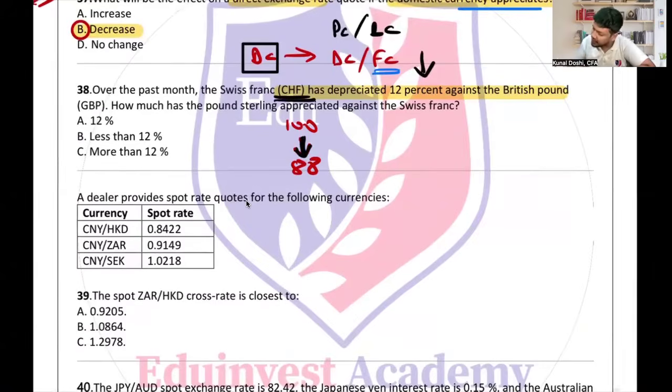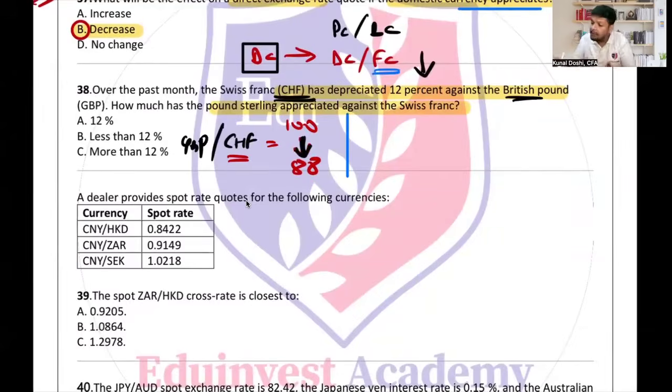The Swiss franc against the British pound. So this is the rate of the Swiss franc to the British pound. So the Swiss franc has depreciated by 12 percent. Imagine from 100 to 88. How much has the pound appreciated? Remember, the depreciation percentage is not the same as the appreciation percentage.